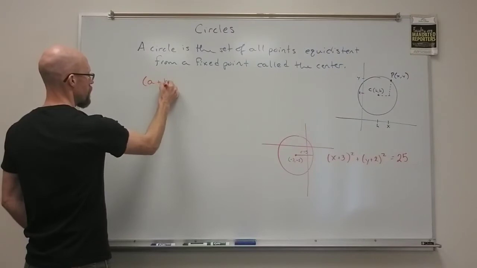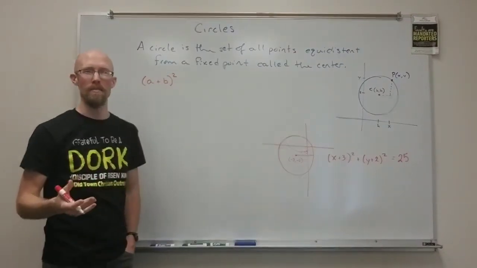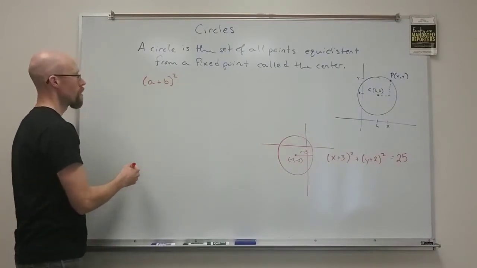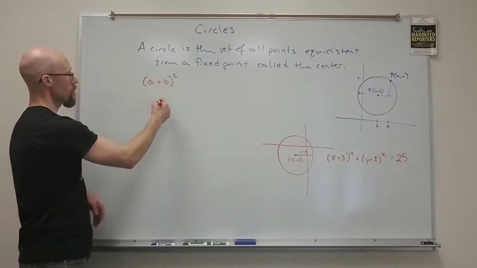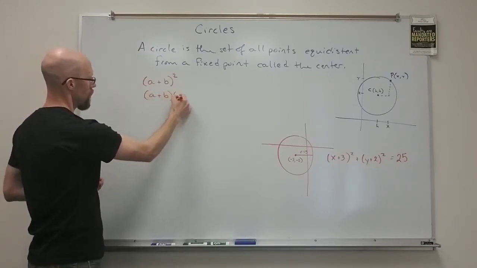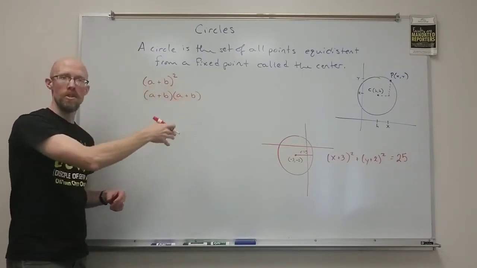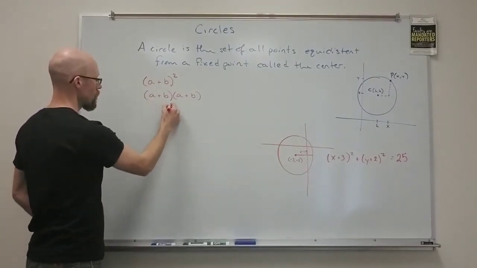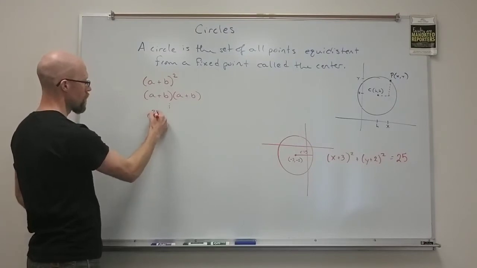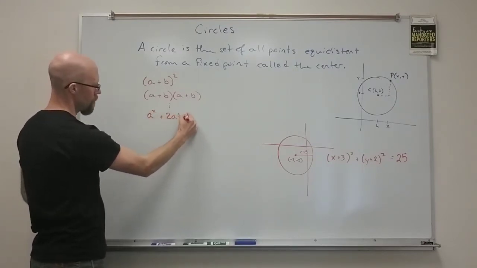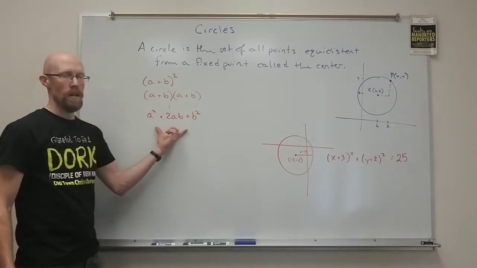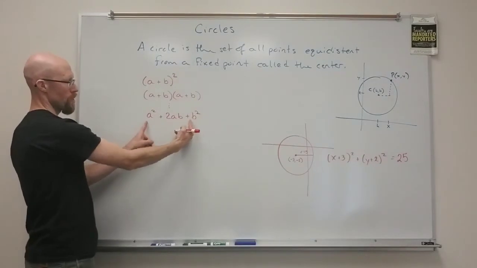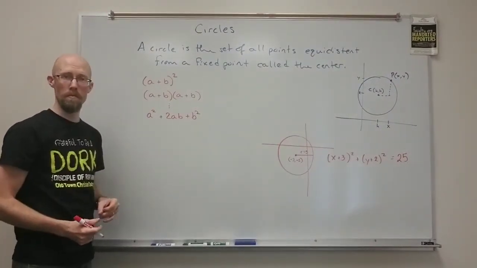You may or may not recall this immediately, but if you have a binomial squared, 2 terms squared, we cannot distribute the square. Instead, we expand, use the distributive property to make sure every term on the left multiplies every term on the right, and what you eventually end up with, I'll skip a step or two, you get a squared plus 2ab plus b squared. Okay, and so some simple examples of this, you have to have squares on the ends and double the product of the square roots in the middle.